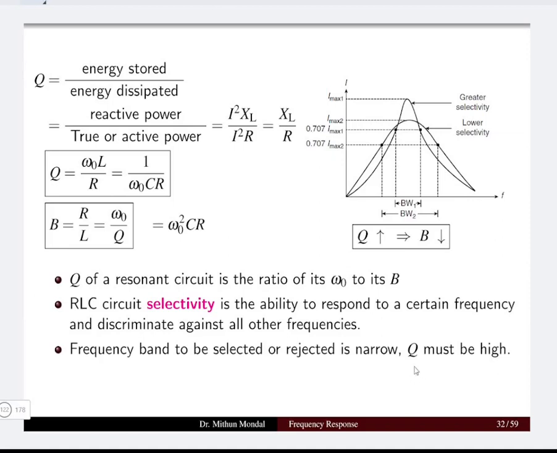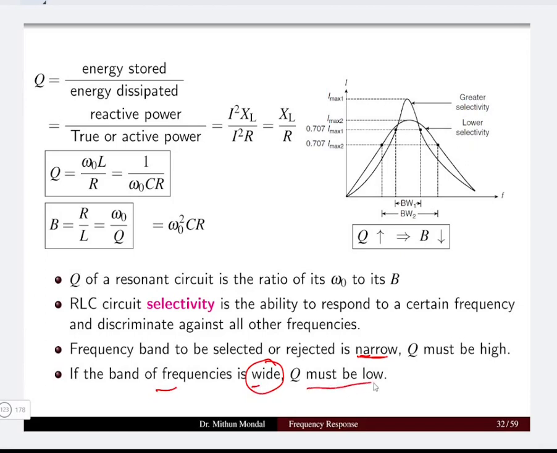So the quality factor must be high for the frequency band to be selected or rejected. If you want to select or reject a frequency, the quality factor of the circuit must be high. On the other hand, if the band of frequency is wide, whereas this was narrow, the quality factor must be low, which we can see from the bandwidth also.